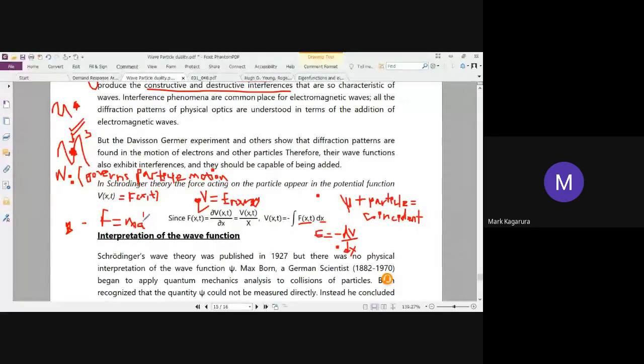So I was trying to relate it to this acceleration because A is you differentiate velocity.